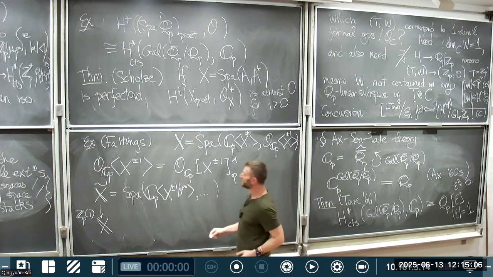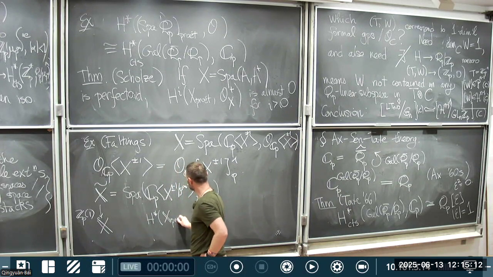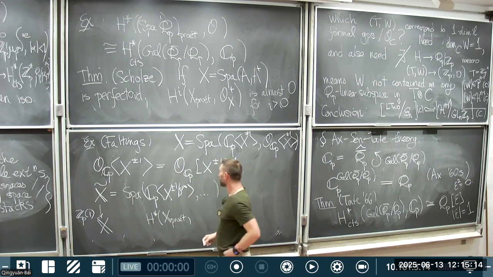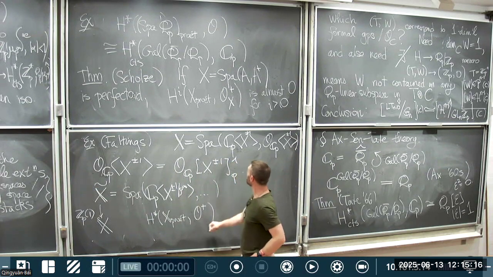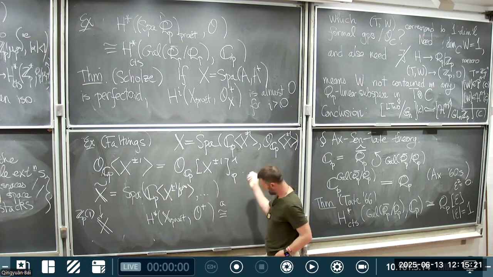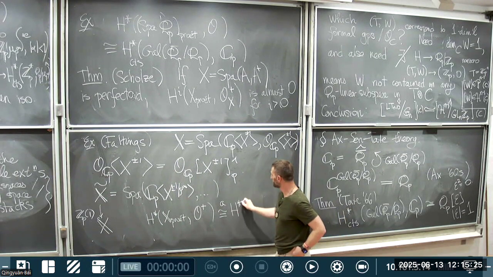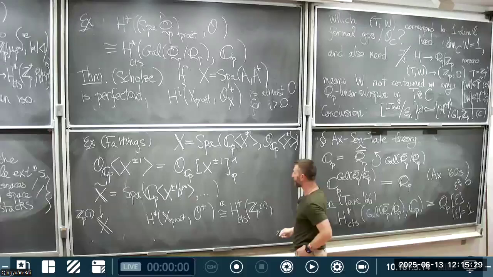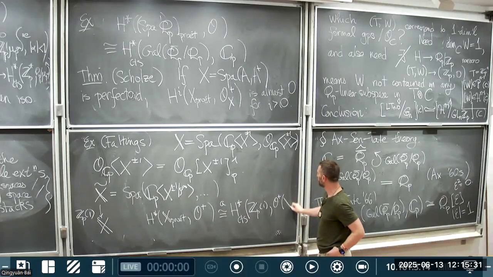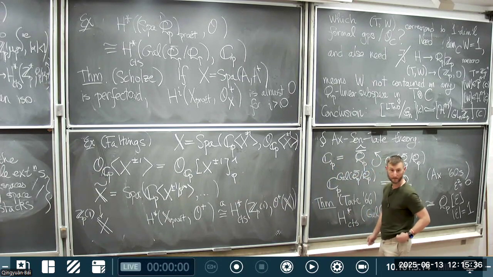So this tells you that the cohomology H^* of X pro-étale with coefficients in O^+ is isomorphic to almost the group cohomology of Z_p(1) acting on O^+ evaluated on X tilde.